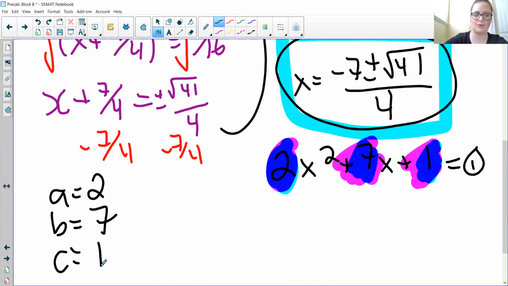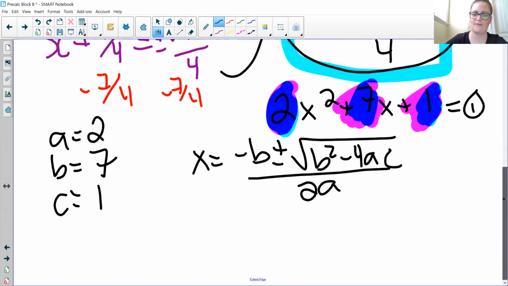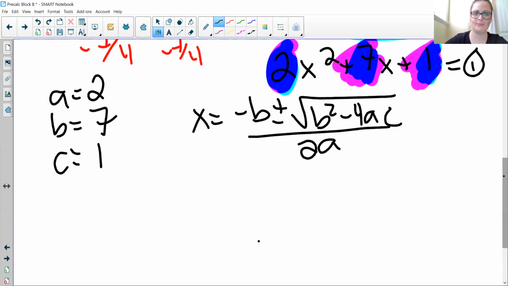Okay. So if we use the quadratic formula, x equals negative b plus or minus the square root of b squared minus 4ac over 2a, we then plunk our values in. So we're going to substitute our values in. So it's going to be x equals negative b, so b is 7.